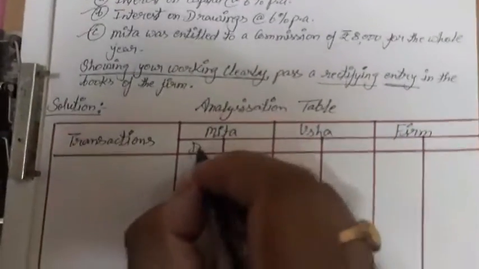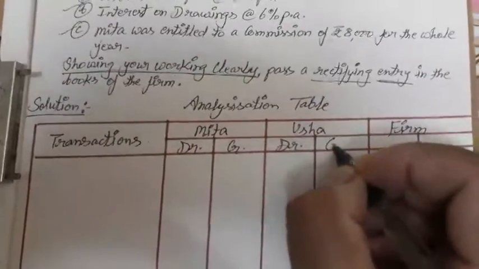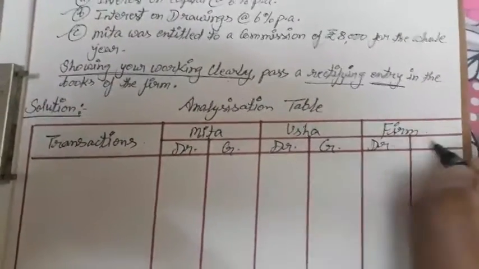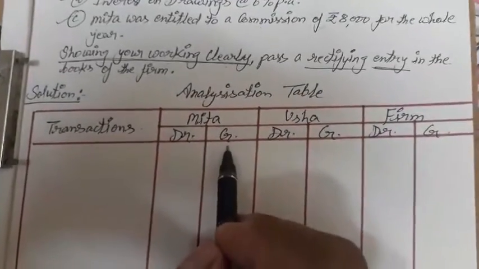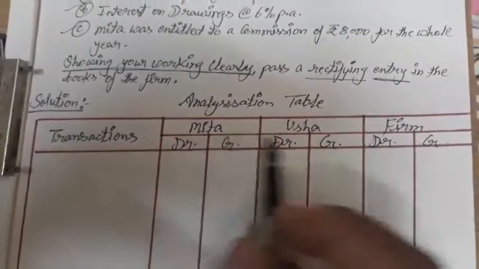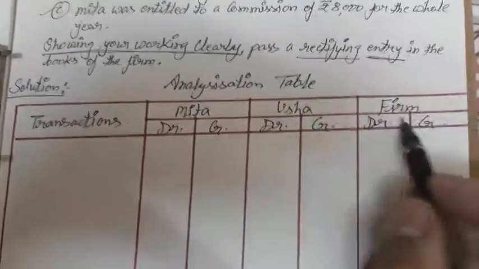This is the debit side, credit side, debit side, credit side, debit side, credit side. It means for Meta there is a debit side and credit side. Both sides are there for Meta, and similarly for Usha there is debit and credit, and for firm this is debit and credit.